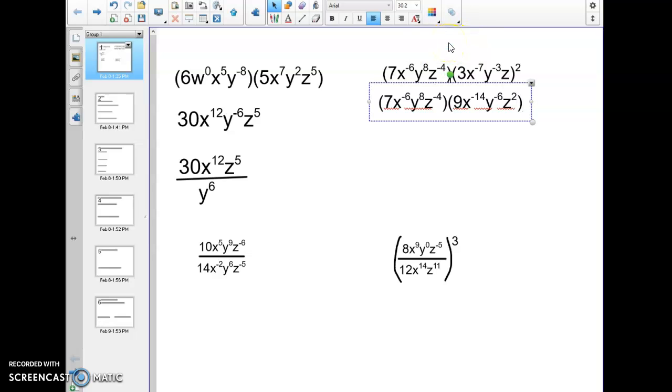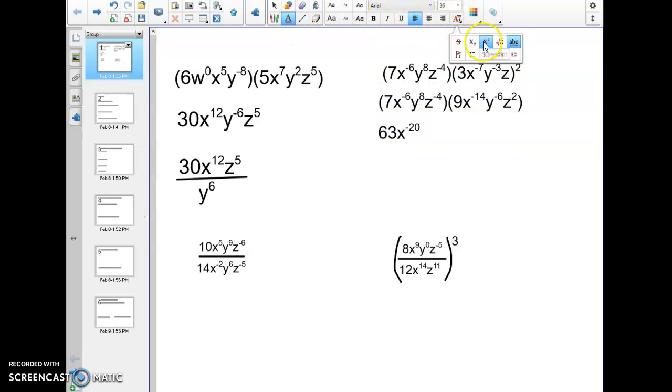After I distribute the exponent, then I'm going to multiply them together. 7 times 9 is 63. X to the negative 6 and x to the negative 14th is negative 20. We're adding the exponents with similar bases. Then y to the 8th.